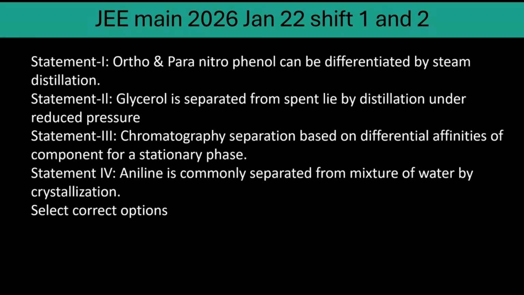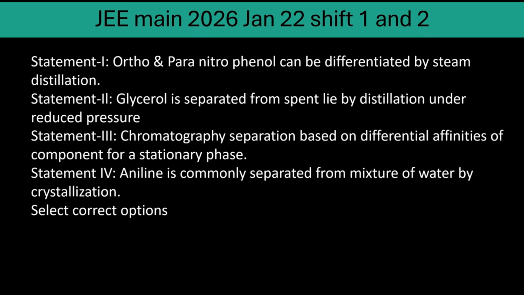Statement 1: Ortho and para nitrophenol can be differentiated by steam distillation. This question is from separation techniques. Right. So orthonitrophenol is steam volatile, which has intramolecular hydrogen bonding, and paranitrophenol is not having any; it has intermolecular hydrogen bonding. It is not having intra.